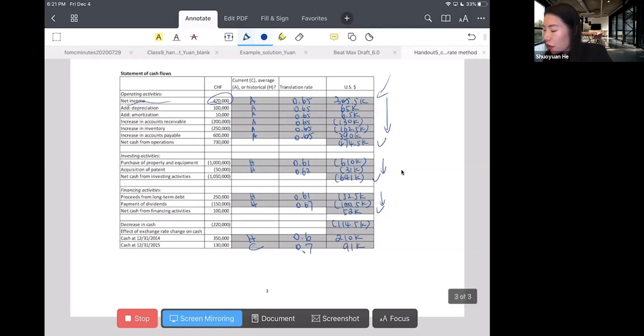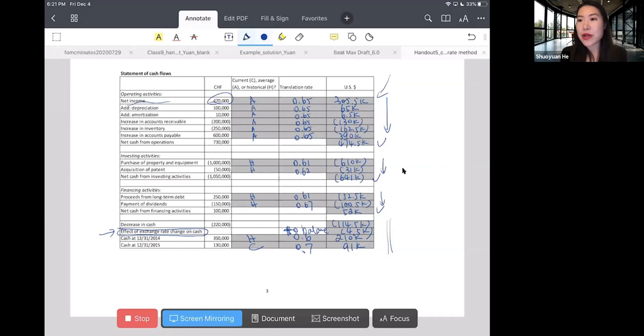And then your cash flow statement is not going to be balanced now. So in order for it to balance, we put the difference into a new account called effect of exchange rate change on cash. As you can calculate here, it would be negative 4.5 thousand. So this is the current rate method.